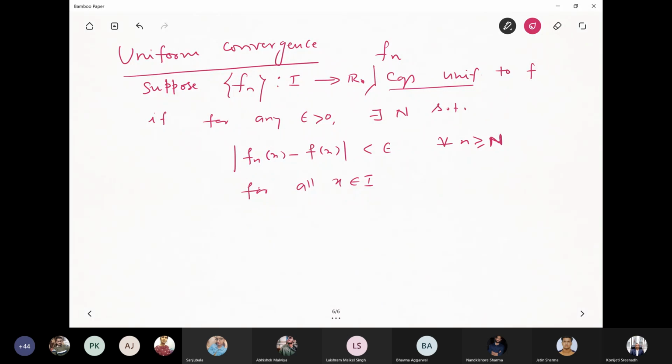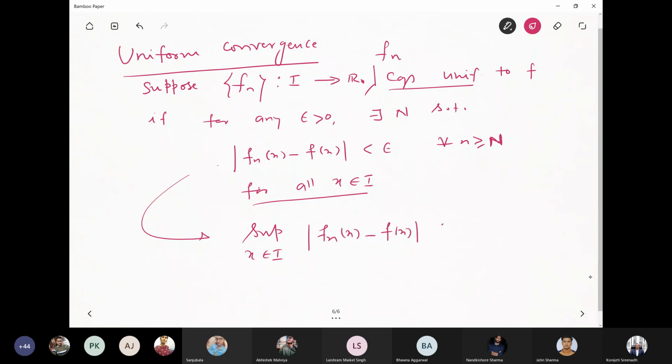Since this is happening independent of x, I could as well take the supremum here, so this whole thing is still less than epsilon.